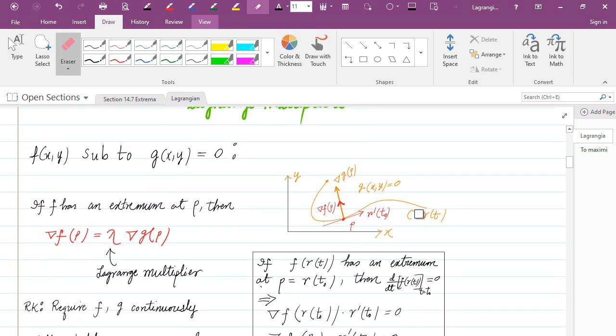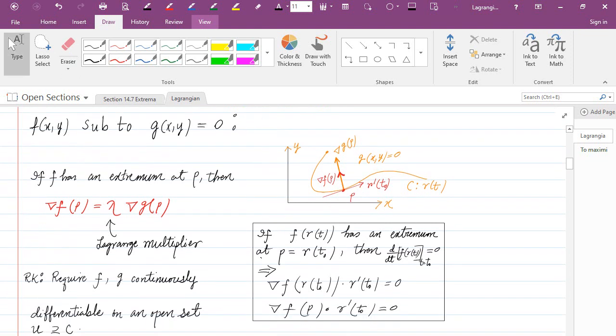Now, since this is a curve, let's say that r of t is a vector function that parameterizes the curve. Then what I want to show is that if the extremum occurs at P, then the gradient of the function f at P will be perpendicular to the curve as well.